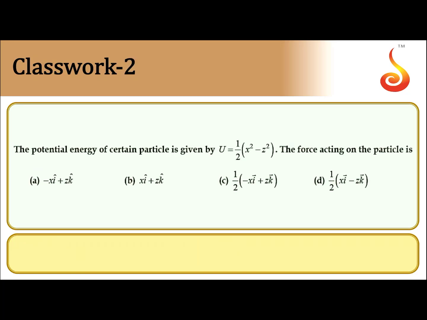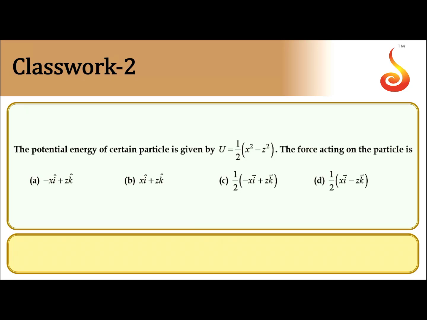Example 2. The potential energy of a certain particle is given by half x square minus z square. Then we have to find out the force acting on the particle. So how to find the force acting on the particle?